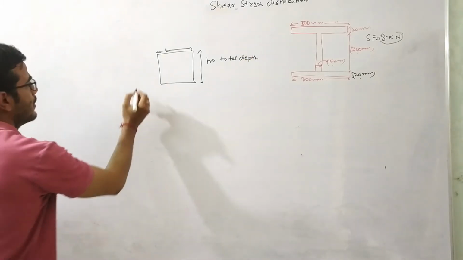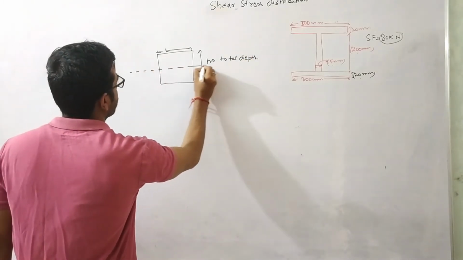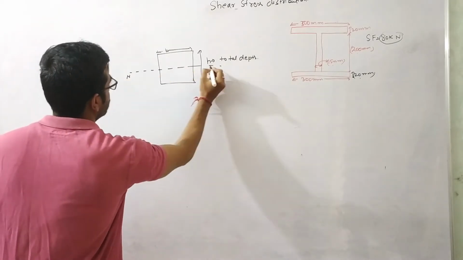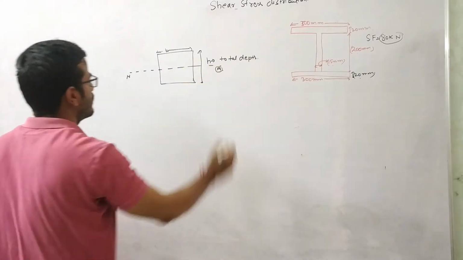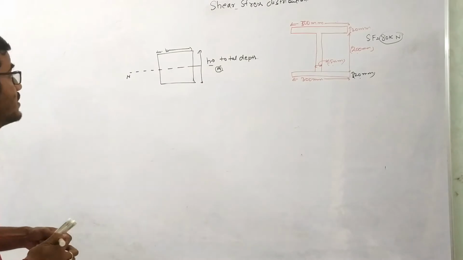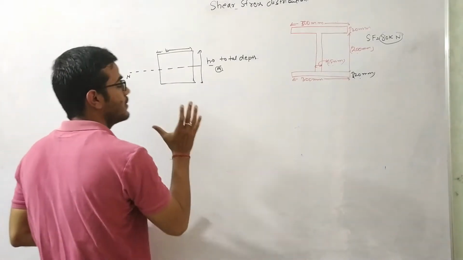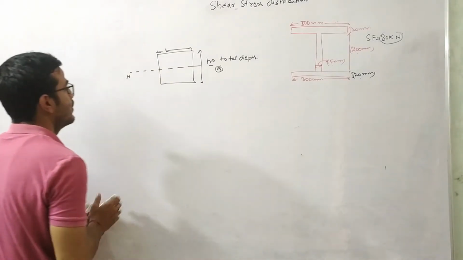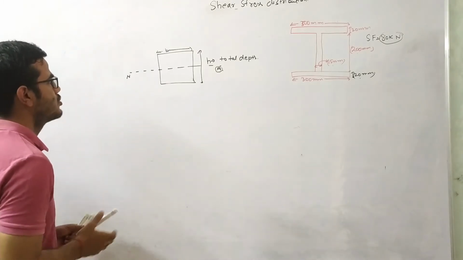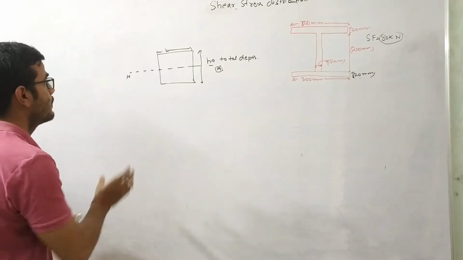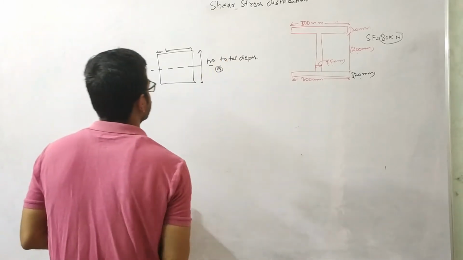This is the neutral axis of the cross section. Neutral axis means where the stresses and strains are zero. It is also called the centroidal axis, because the stress and strain distribution we are taking as linear.